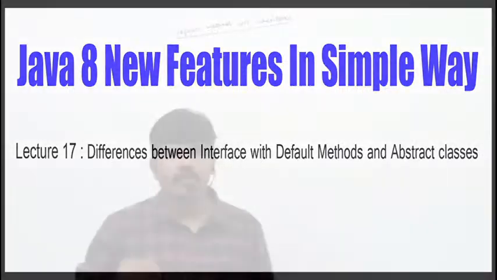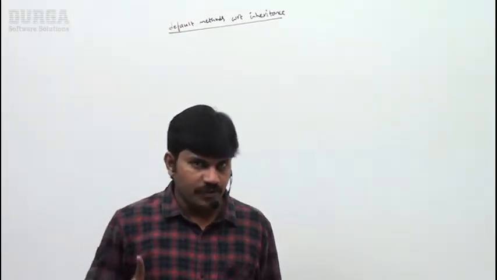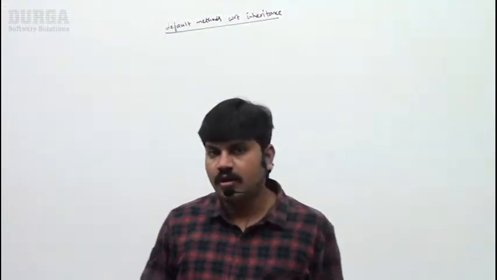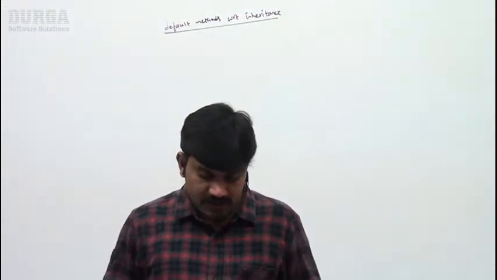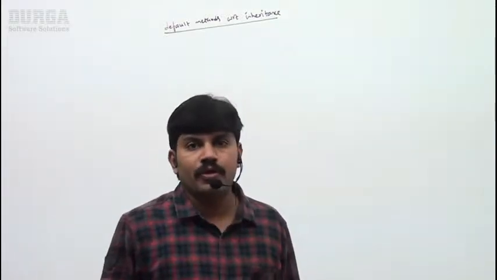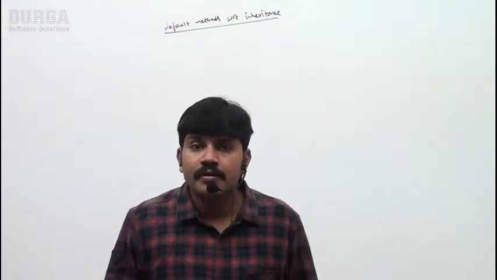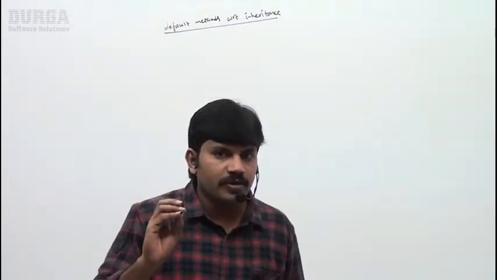So up to this we covered what a default method is, how to write it, how to access it in the implementation class, and how to override it. Next, we can't override an Object class method as a default method.